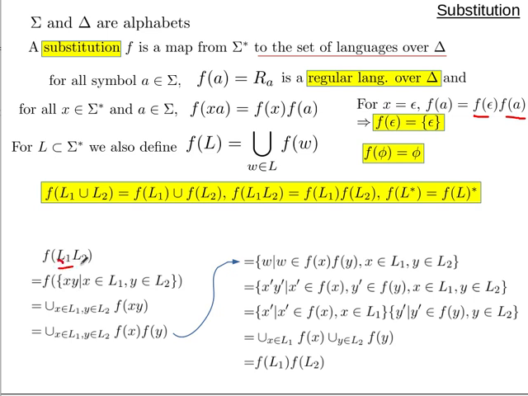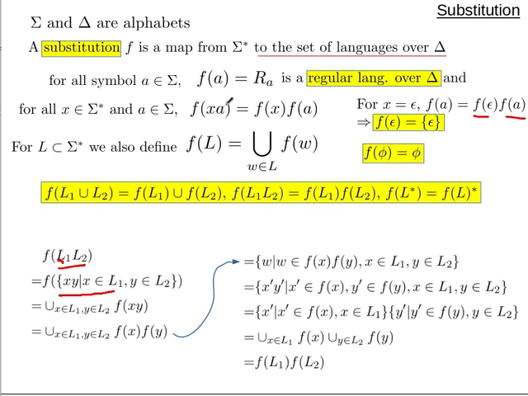What is L1 L2? By definition, L1 L2 is this expression, right? And then when you are taking f, by this definition you are taking union over all this f of these strings, the strings that are in this set. So now if you do this, then this follows from this property, right?